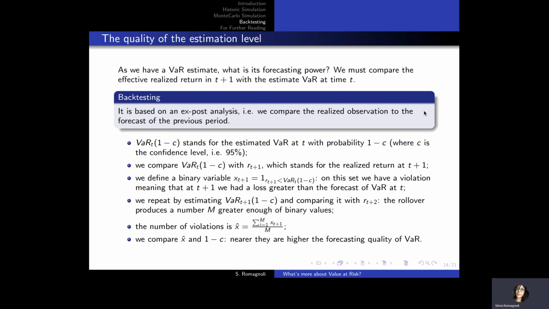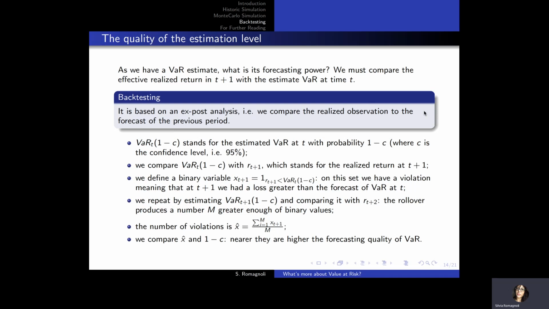The last topic we are going to approach refers to the evaluation of the quality of the estimation of the value at risk. This is a very important argument for the regulatory authorities, as stressed in the Basel agreements. Once we have our estimate, we aim to know its forecast power.